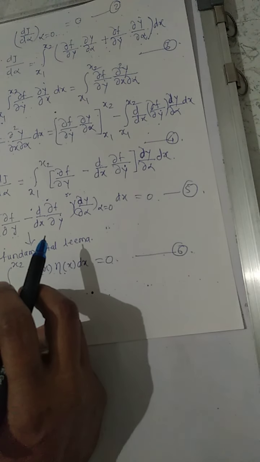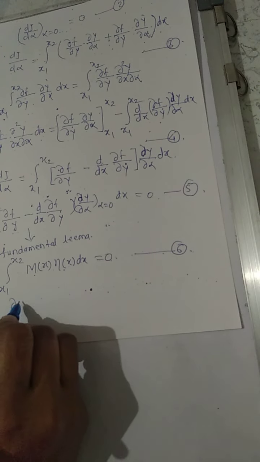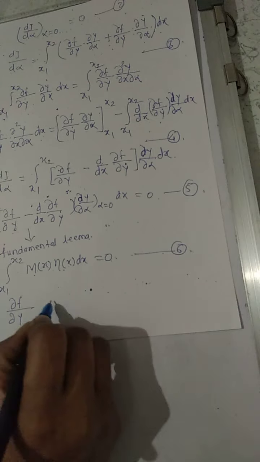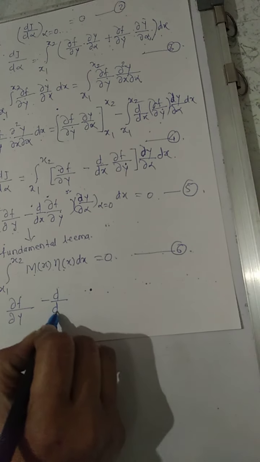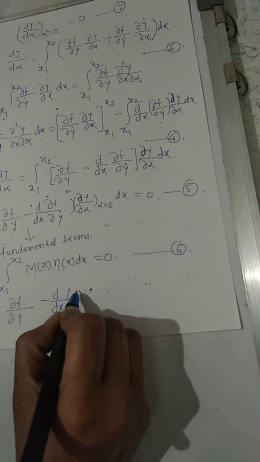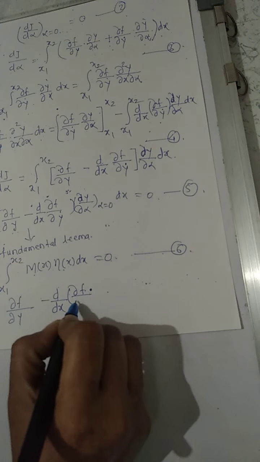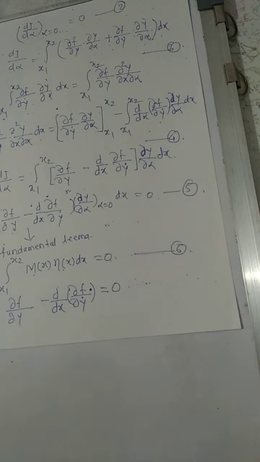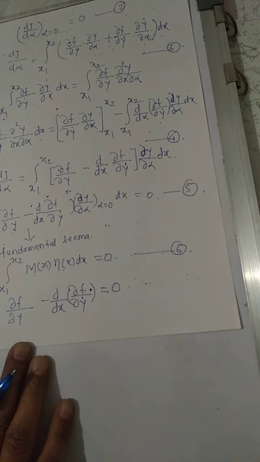Then it follows that J can have a stationary value only if ∂f/∂y minus d/dx of ∂f/∂ẏ is equal to 0.